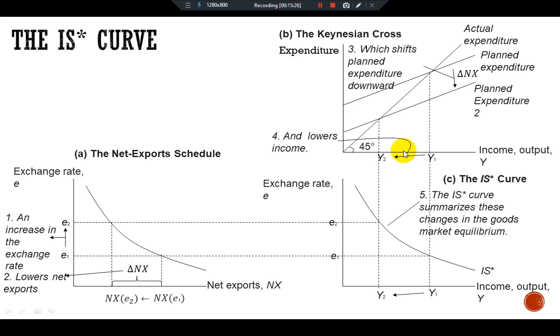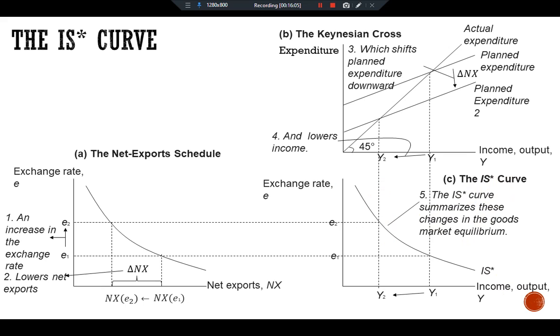In panel B, the Keynesian cross, this decrease in net exports shifts our planned expenditure downward, and we have a reduced national income from Y1 to Y2. In panel C, the IS star curve summarizes this relationship between the exchange rate and income. The higher the exchange rate, the lower the level of national income.